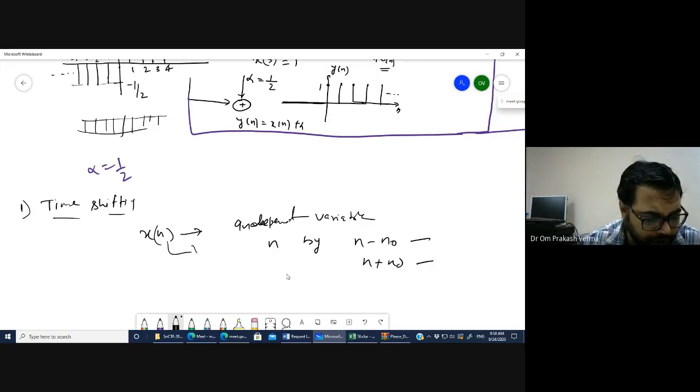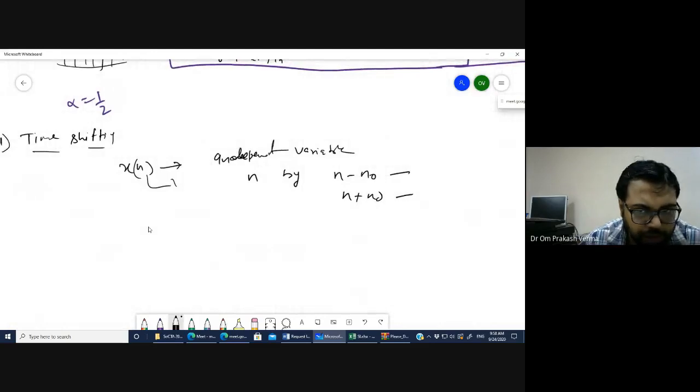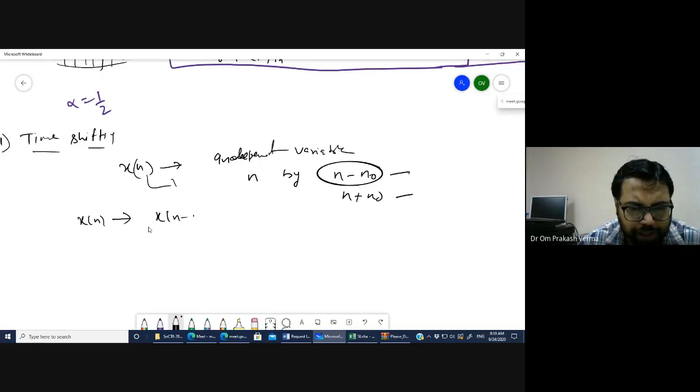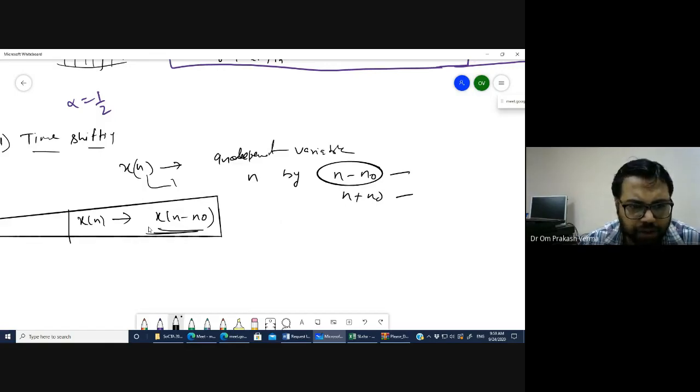So these are the cases. Now I'm taking this case, n minus n naught, xn shifted by, let's say, xn minus n naught. So now I'm taking only this case, ignore the other one.